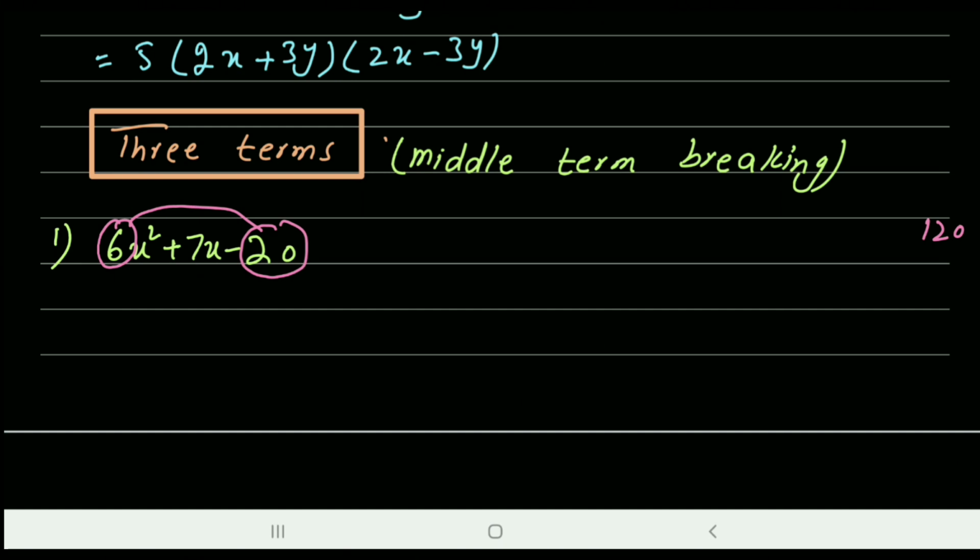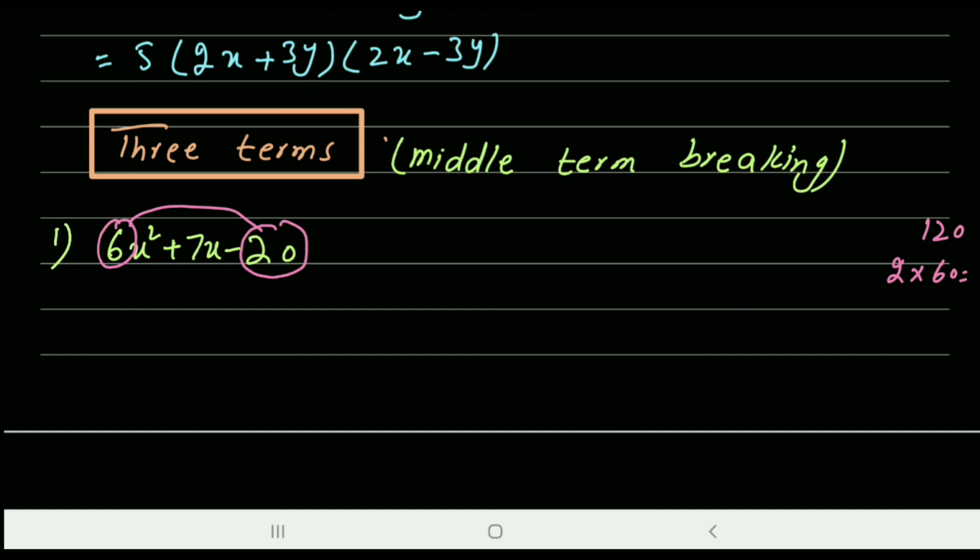So this is the method of middle term breaking. You can write all the factors on your rough side. 2 times 60 is 120, you have to check whether by adding or subtracting we can get 7. No, for these factors we are not getting 7.